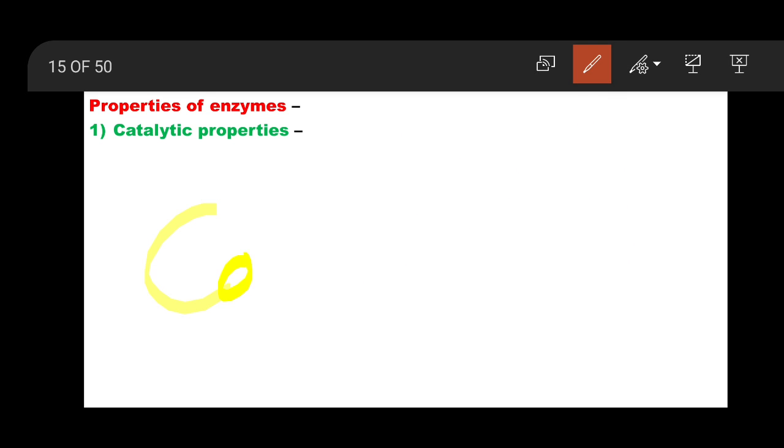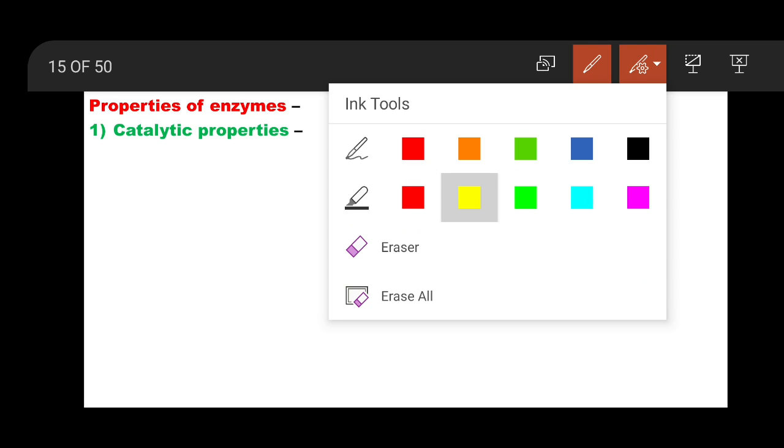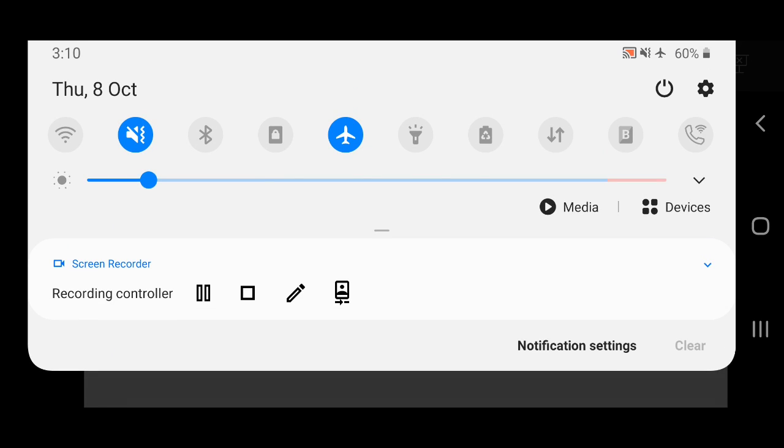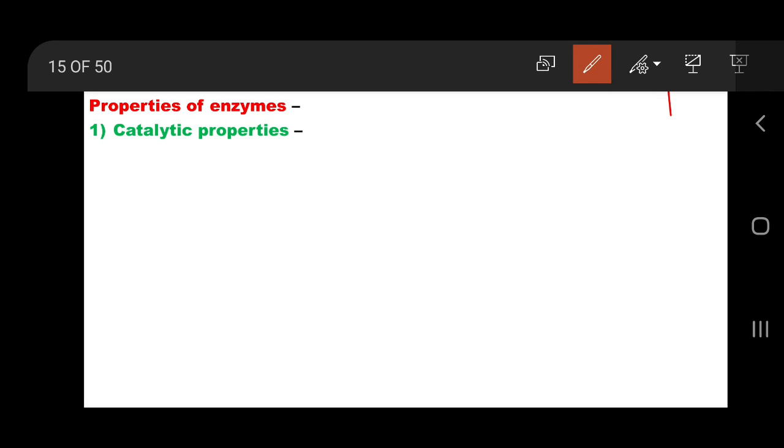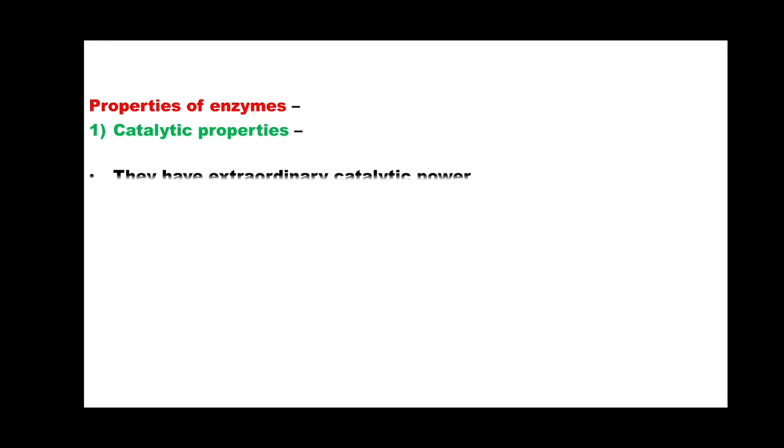You know what a catalyst is. A catalyst is a substance which increases the rate of reaction without being consumed. तो catalyst consume नहीं होता है खुद, सिर्फ reaction का rate बढ़ाता है by lowering the activation energy of the reaction. So what are these catalytic properties? Let us see one by one.